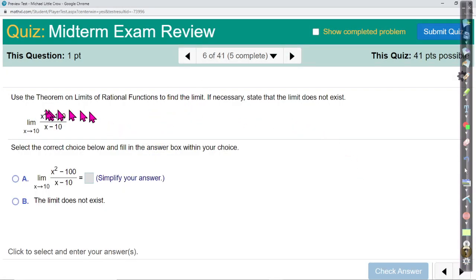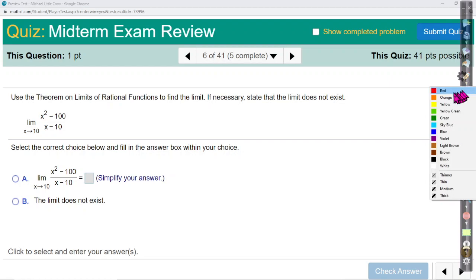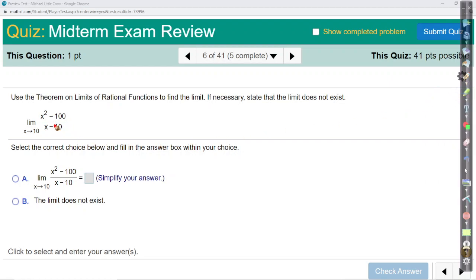Okay, this question: use a theorem on limits of rational functions to find the limit. If necessary, state the limit that doesn't exist. So again, on this one, what we can look at is the limits of rational functions. Certainly if we plug in 10, we get division by 0, so it doesn't exist.